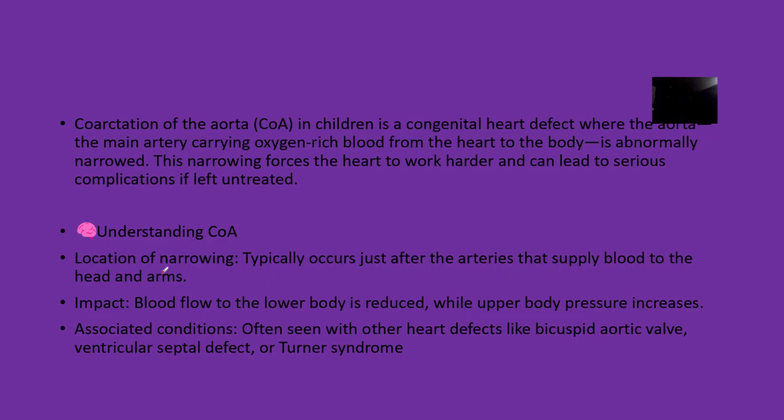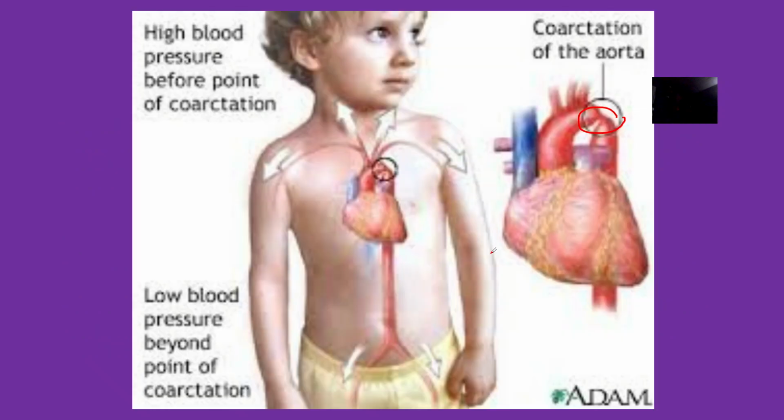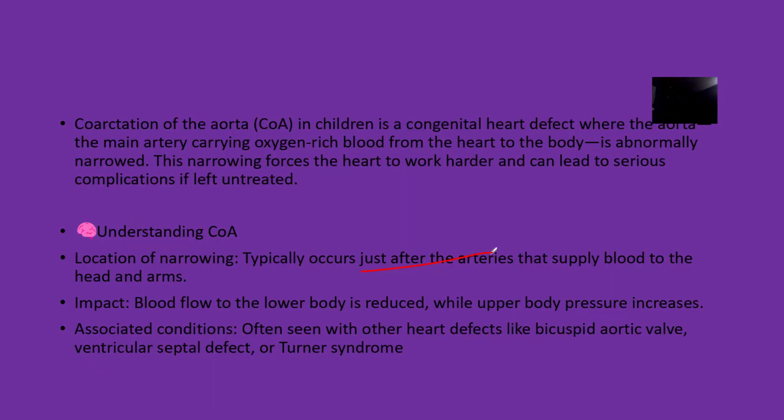So understanding the location of the narrowing, it typically occurs just after the arteries that supply blood to the head and arms. Okay, impact: blood flow to the lower body is reduced, so your lower limbs are the ones suffering the most, while your upper limb is still chilling.